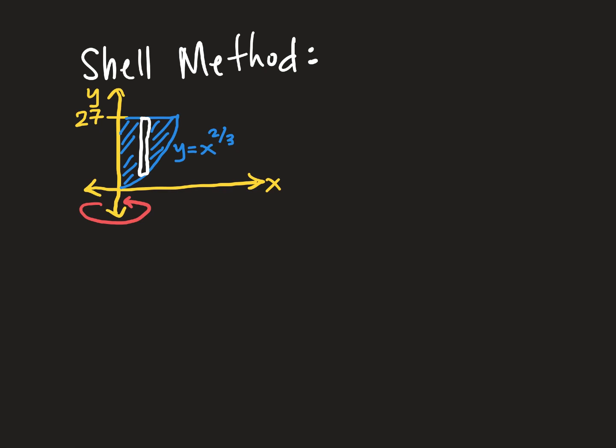As we spin it around the y-axis, the top of it begins to look like this. I just realized I made a typo over there, but we're going to go with it. This is the shape that white rectangle creates.